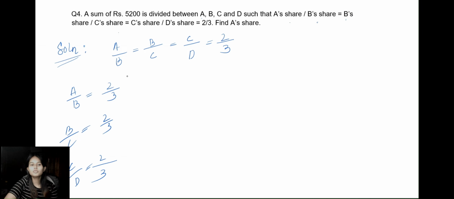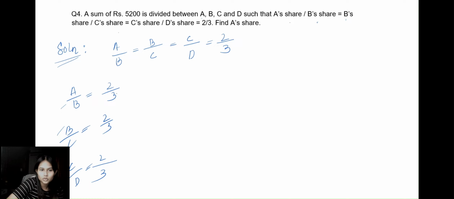Now we know to find out the proper proportions, what we have to do? We have to equate the same parameters, right? So to equalize this, we have to multiply this with 2, which comes 4 by 6, and we have to multiply this with 3.